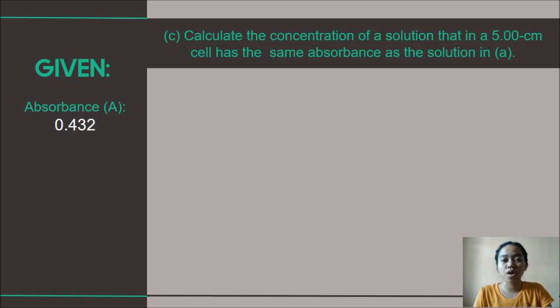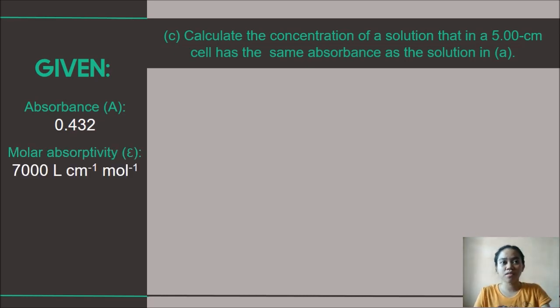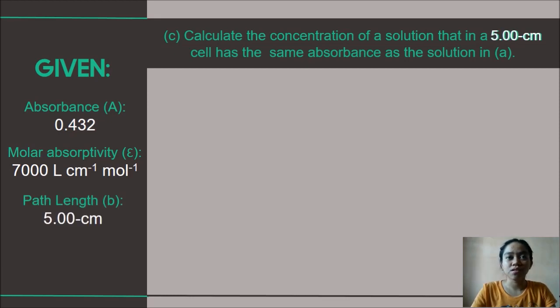Take note that the molar absorptivity does not change, which is still 7,000 liters per centimeter mole, which is pretty obvious since we only have one wavelength here. We have 5 centimeters as our path length, and we need to calculate the concentration.